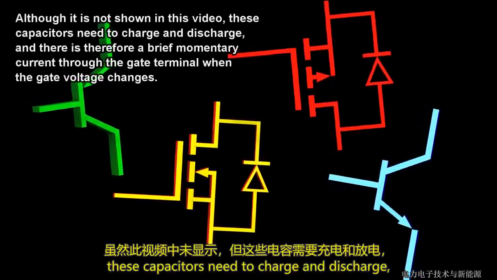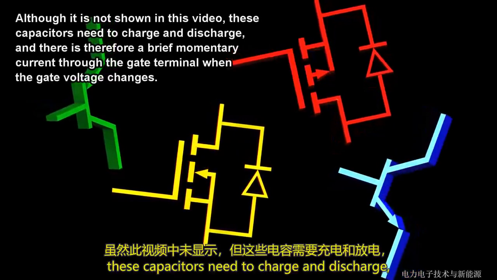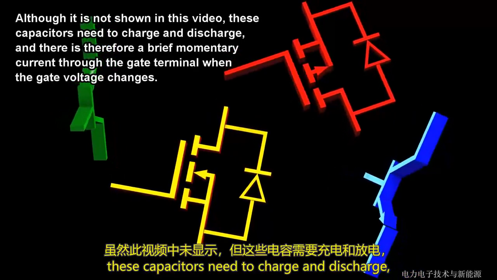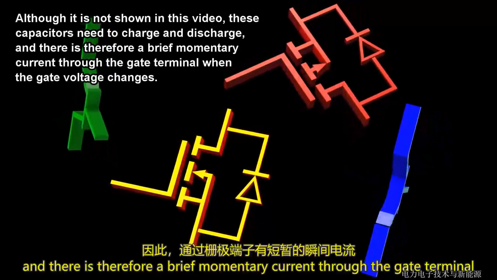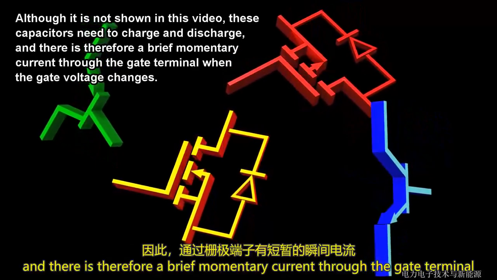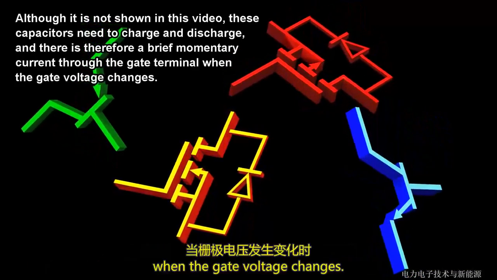Although it's not shown in this video, these capacitors need to charge and discharge, and there is therefore a brief momentary current through the gate terminal when the gate voltage changes.